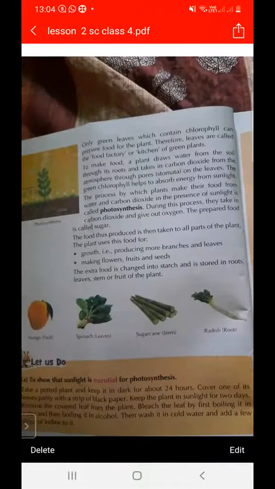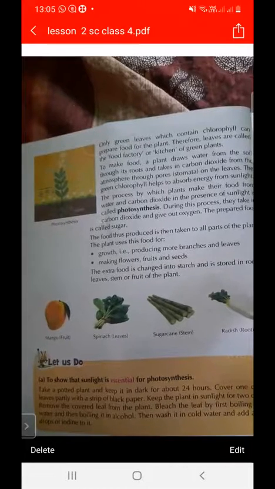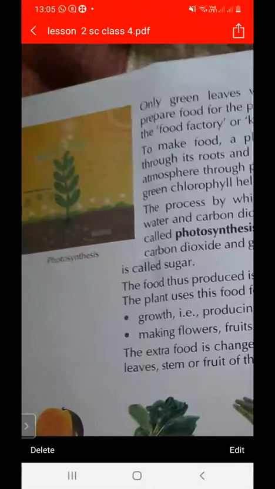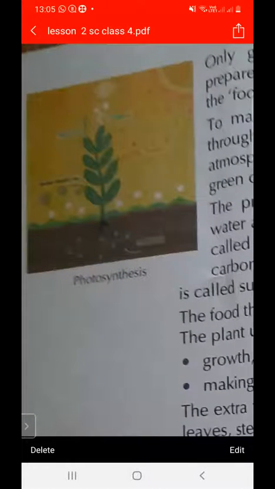Again, I'm repeating. In the parts of the plant, only the leaf contains chlorophyll, and because of chlorophyll, the leaves are green.